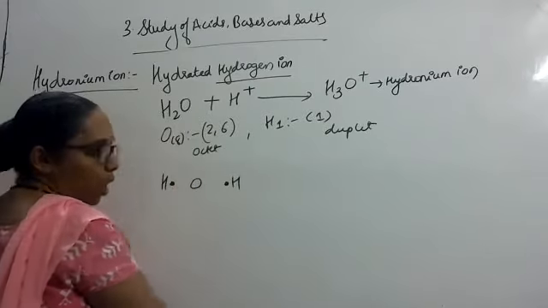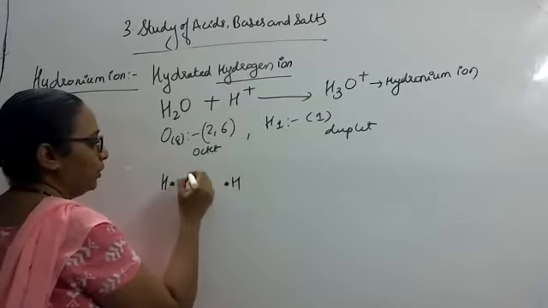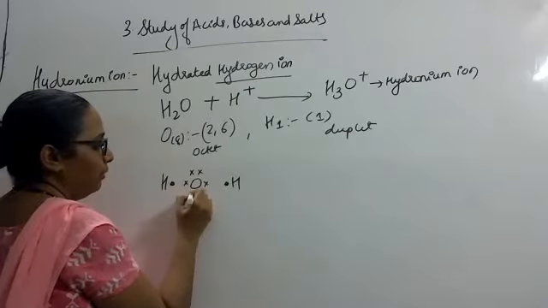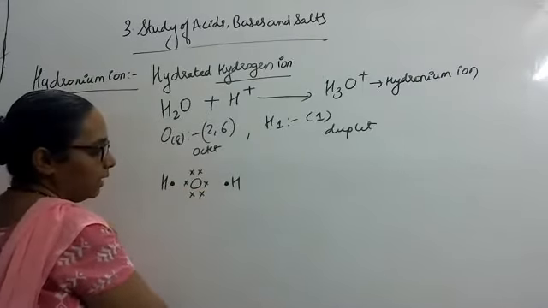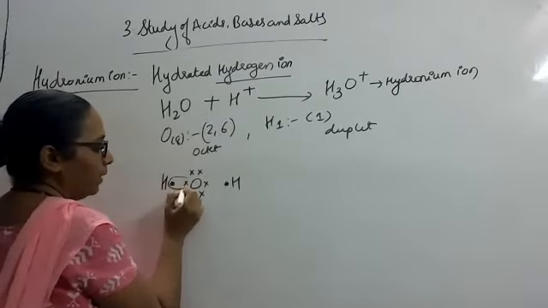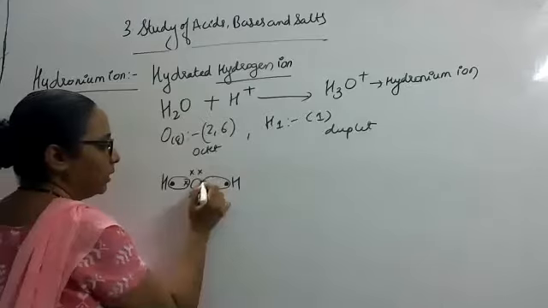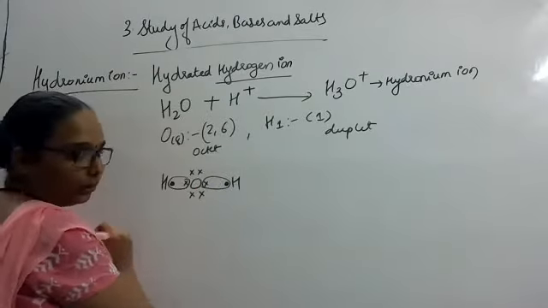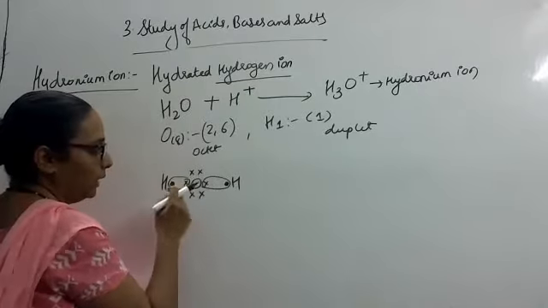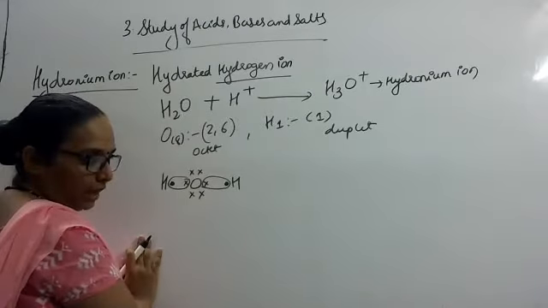Oxygen has 6 electrons: 1, 2, 3, 4, 5, 6. Here the hydrogen duplet and the oxygen octet are completed by sharing electrons.